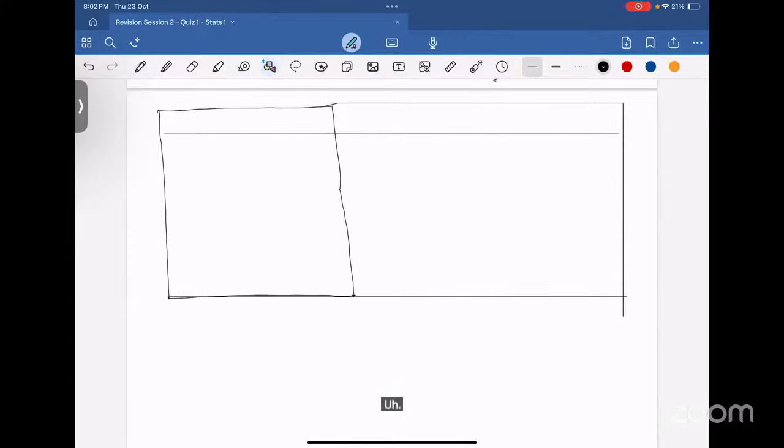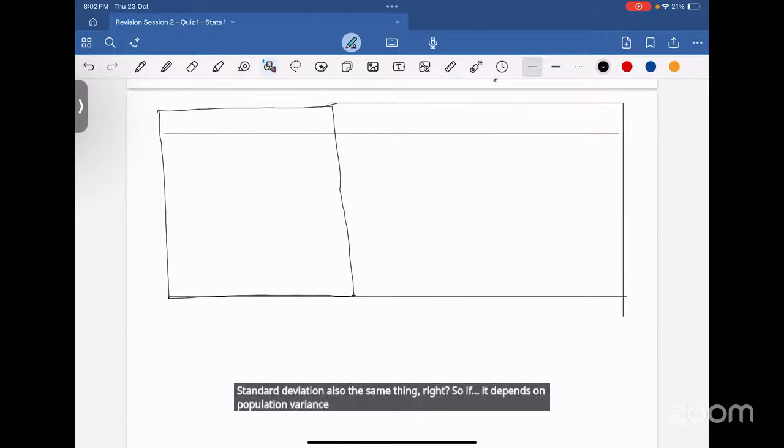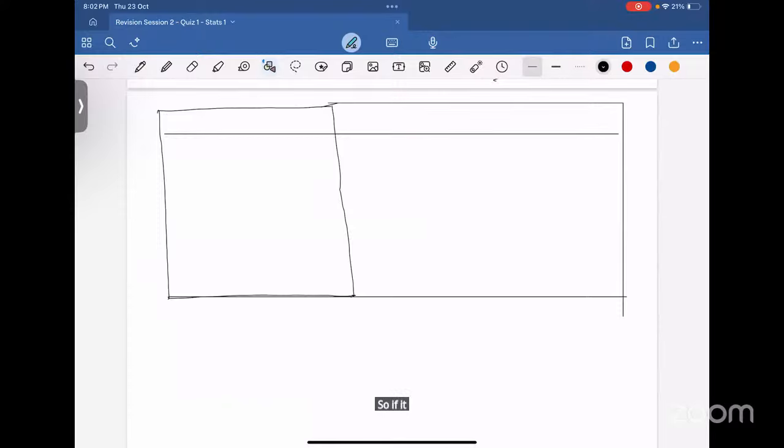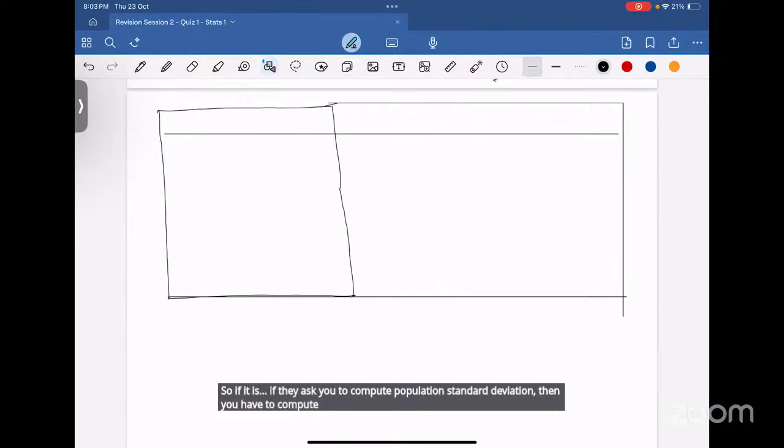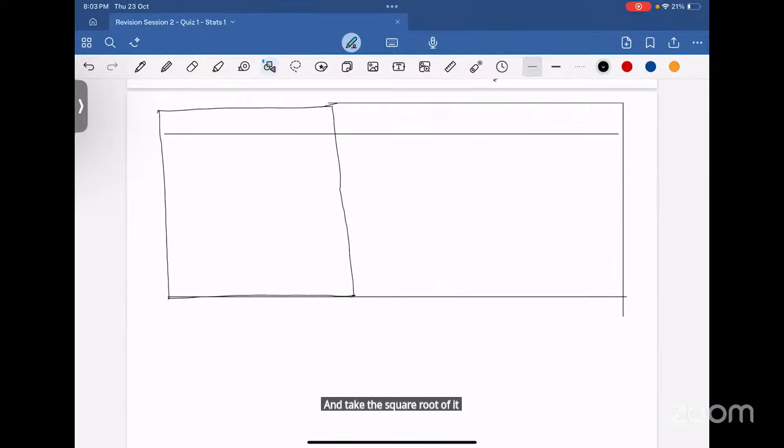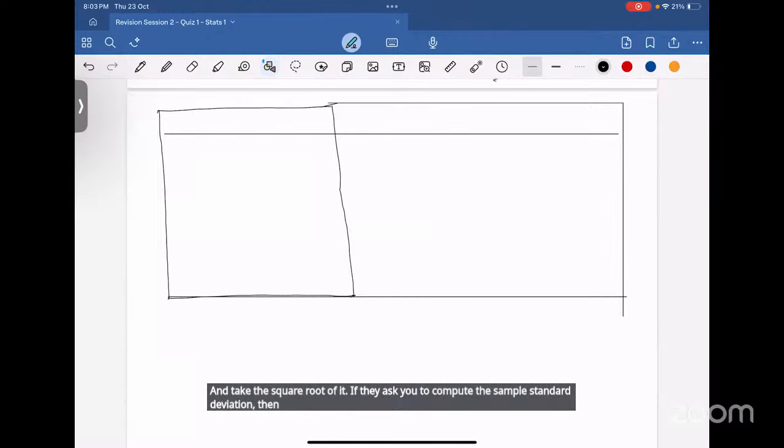Standard deviation is the same thing. If they ask you to compute population standard deviation, then compute population variance and take the square root of it. If they ask you to compute sample standard deviation, then compute sample variance and take the square root.